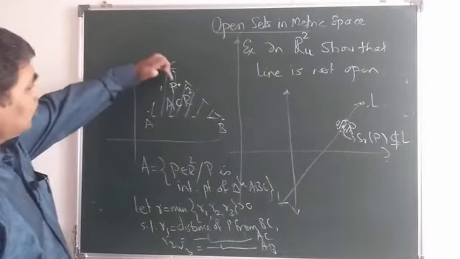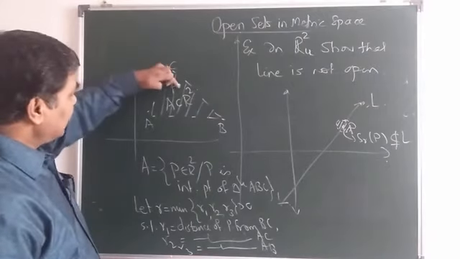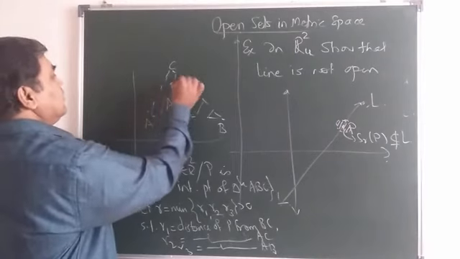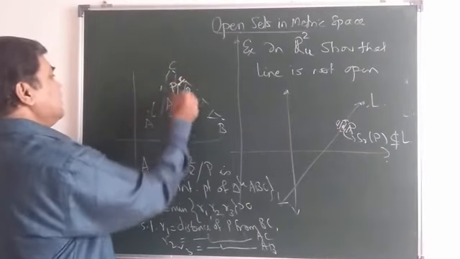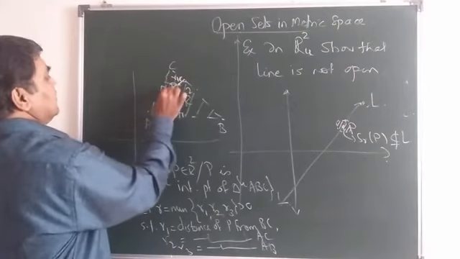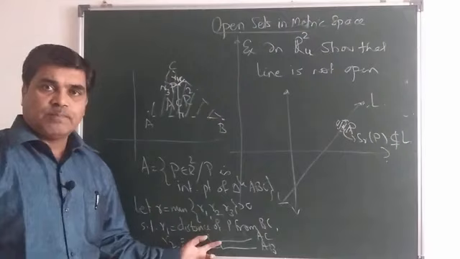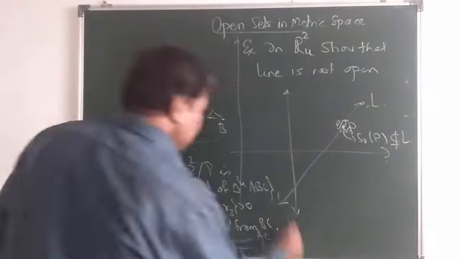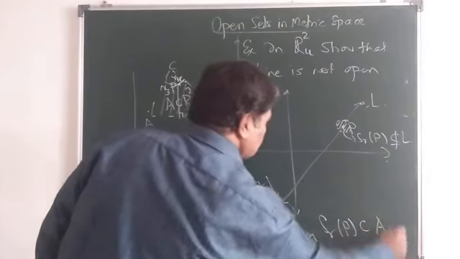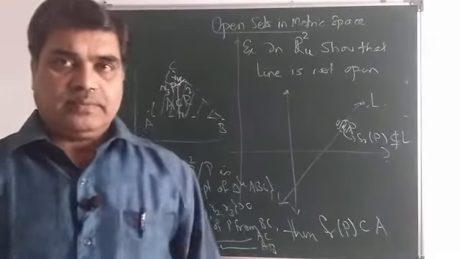I find the distance of the point from the line segments BC, AC, AB. This is my perpendicular, this is r1 and this distance is r3. Then among these r1, r2, r3, if I choose a real number greater than 0, then S_r(P) must lie in the triangle, whatever my point from that triangle may be.